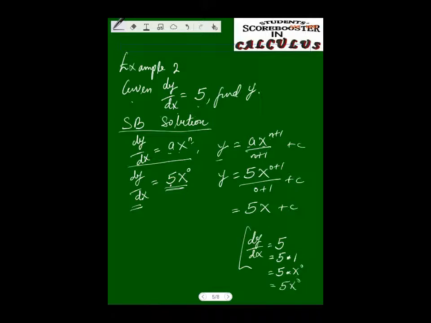Okay, now the solution from the general formula is y equals ax raised to power n plus 1 over n plus 1 plus c. So now we have 5, which is our a. Remember this is a and this is n.